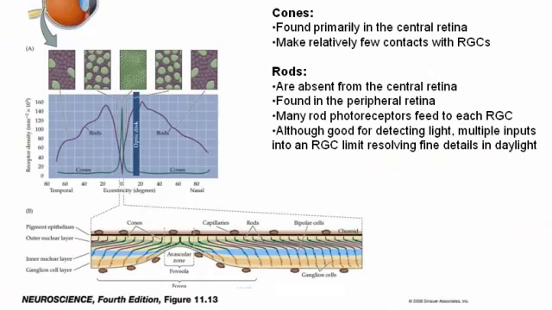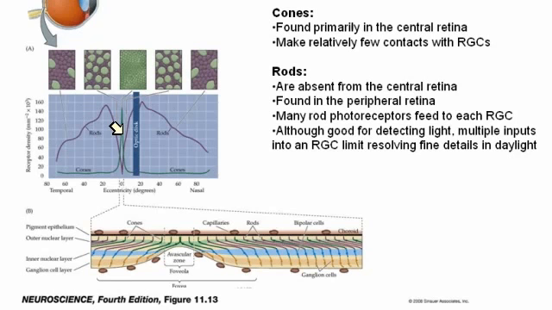If we look at the fovea, in humans, the region of highest visual acuity is the fovea. And so we need to worry about some regional differences in retinal structure. The cones, which are primarily responsible for daytime vision, are in the central retina, which is shown by this green arrow.